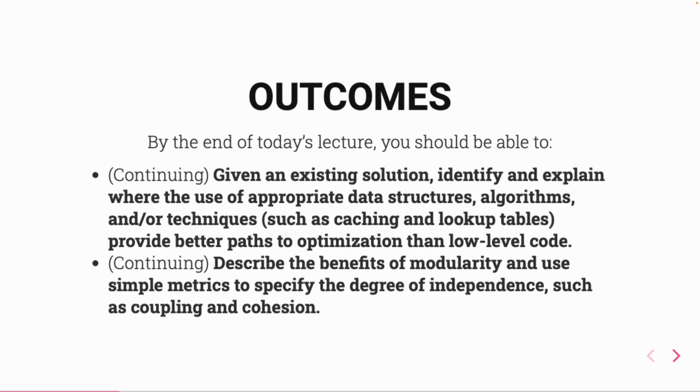So this lecture goes back to optimization. What do you do once you've gotten some good information from your profiler? And we're also going to revisit modular design, talk more about coupling and cohesion.